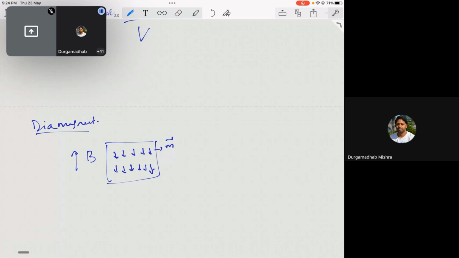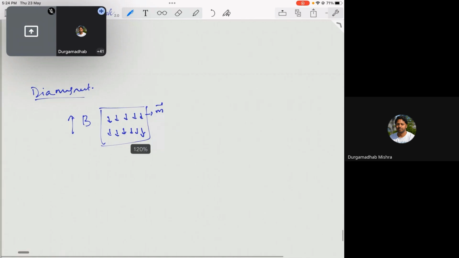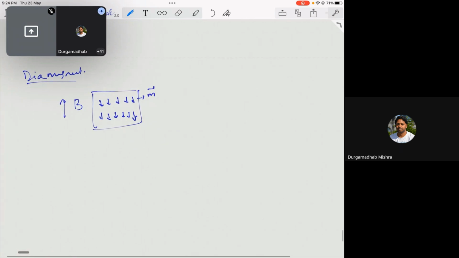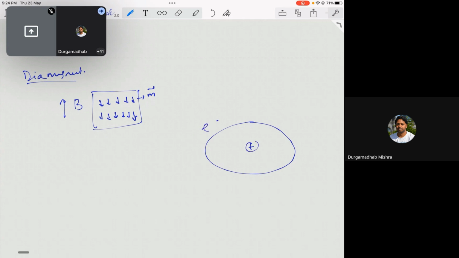So we will just quickly do that. I have an electron. This is my nucleus, this is the electron, and this is the electron orbit. This is my vector r, the radius of that orbit, and I have this velocity v, as the electron goes around the nucleus.